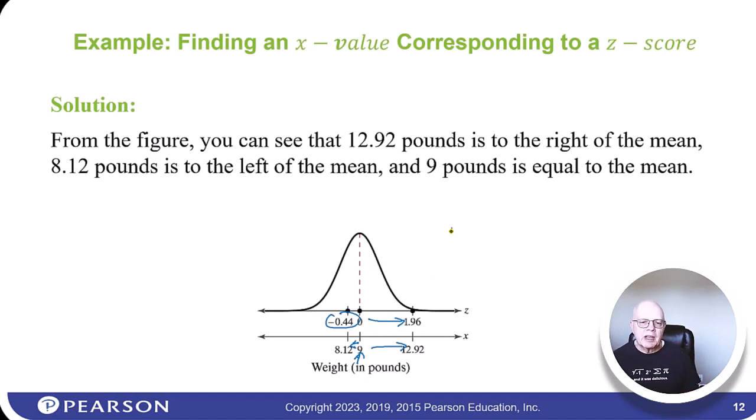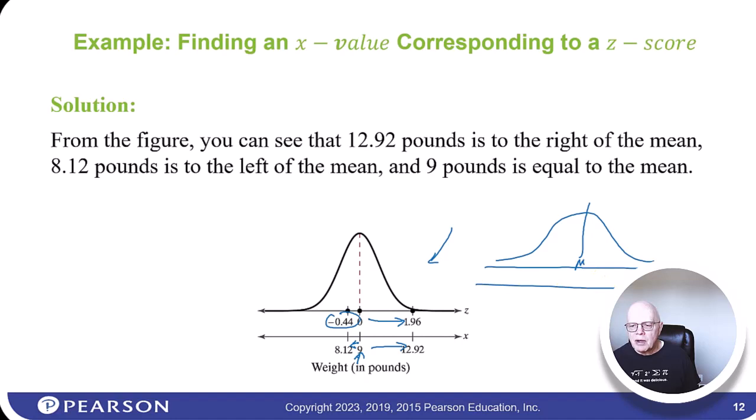You might want to keep this in mind and think of it while you're drawing your picture. The x value here will be at the mean, and the z value in the middle is always 0, with positives in this direction, negatives in that direction.